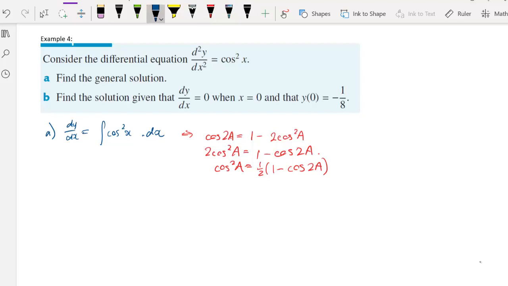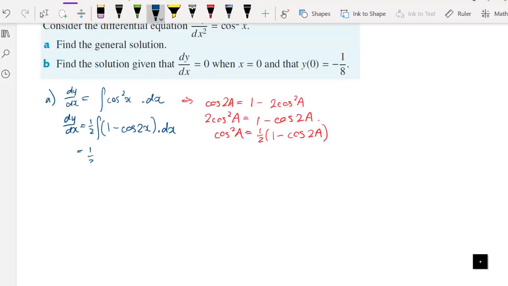So if we apply that across, we're saying that dy/dx is equal to 1/2 of the integral of 1 take cos 2x with respect to x.